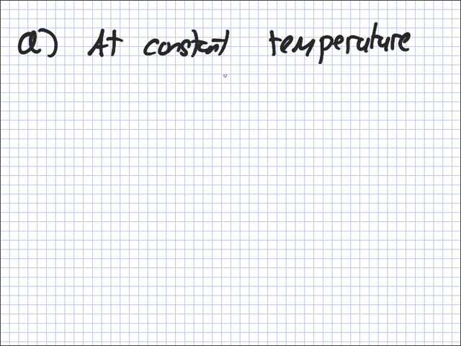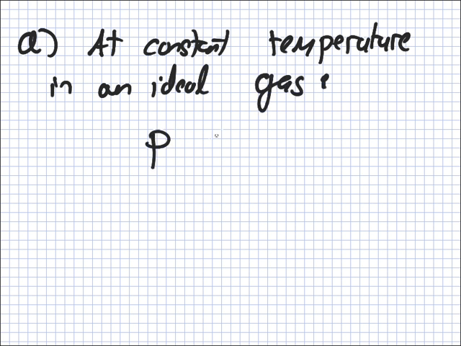So in other words, Boyle said, at constant temperature in an ideal gas, pressure is proportional to 1 over the volume. That's what Boyle said, isn't it? That's this one? Pressure and volume? Yeah. Okay, B, part 1.